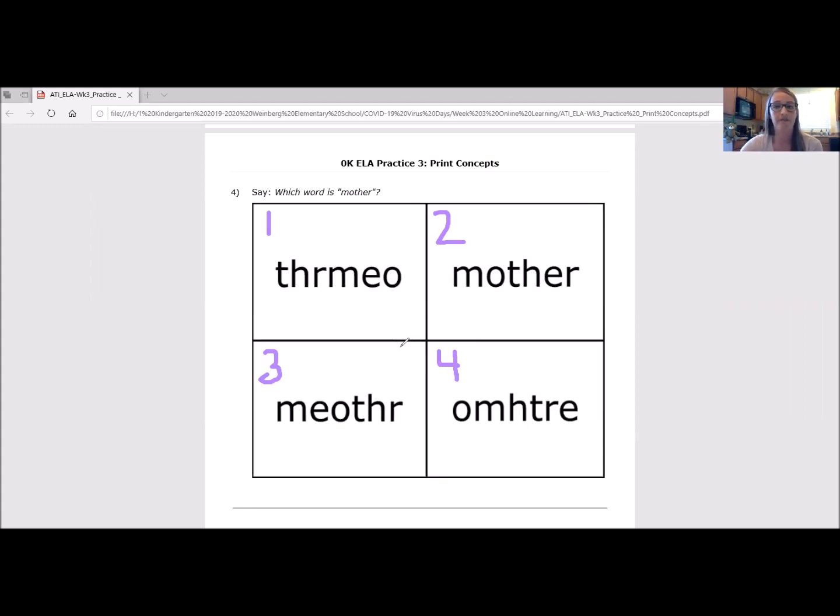What do you think? Did you pick word 2? If you did, excellent. Mother. Looky here, it has double whammy phonograms. Mother has a th and an er in her. Good job, guys. Let's keep going.